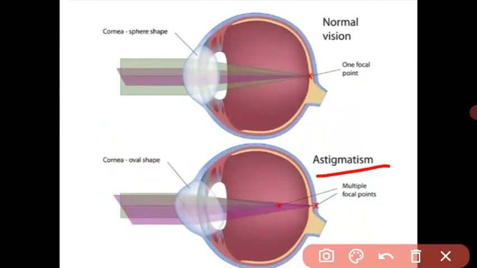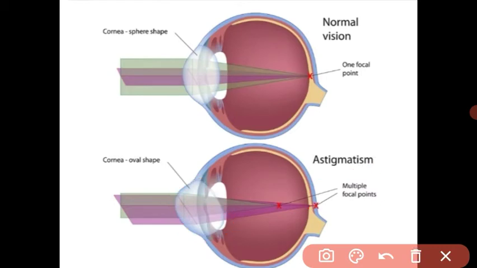Understood? What is meant by astigmatism? Astigmatism means the defect in which some part of the object is seen in focus and the other part is blurred. And why does it arise? It arises from the uneven curvature of the cornea. The image is not formed on the yellow spot.